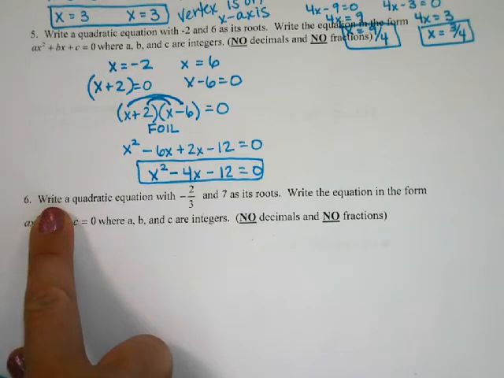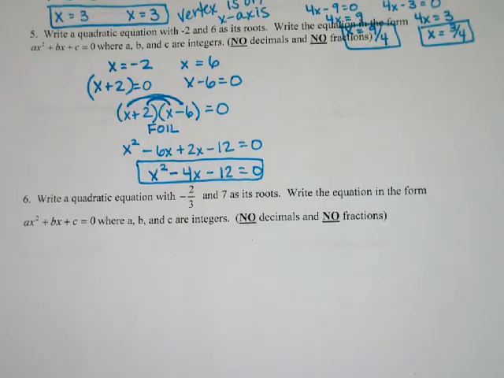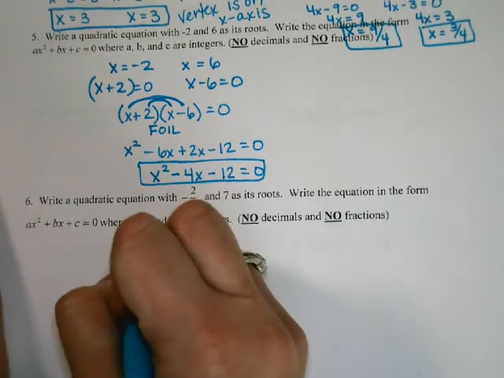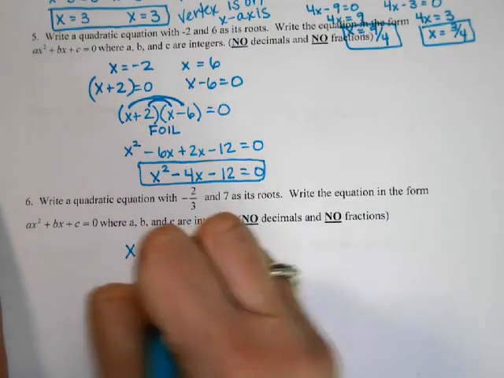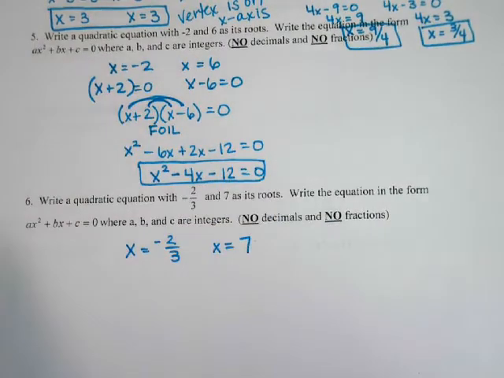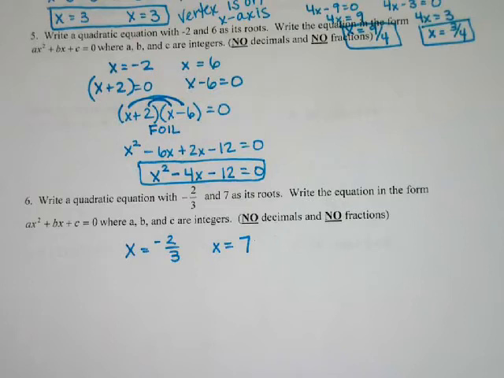It says, write the quadratic equation with negative 2/3 and 7 as its roots. Okay, let's write that as x equals negative 2/3 and x equals 7. It says no fractions and no decimals, so I don't want fraction or decimal coefficients because that would look really weird.